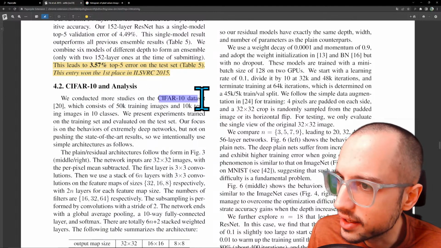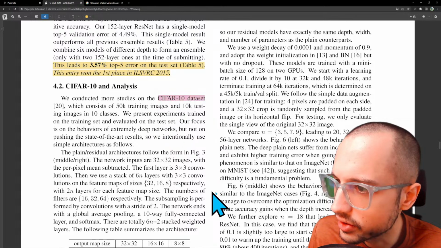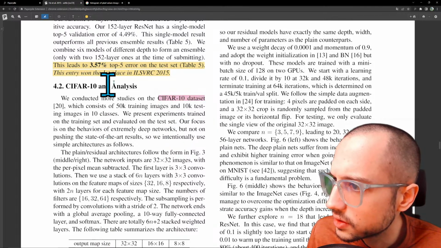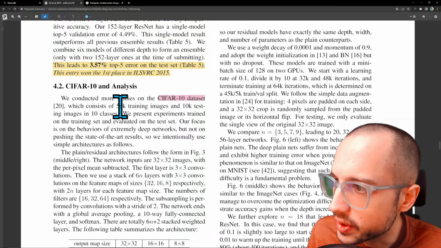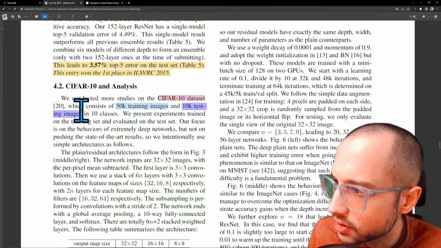CIFAR-10 dataset. This is a crowd favorite. I think red. Yeah, red is our dataset color, and then blue is our numbers. So 50K training images, 10K testing images, and 10 classes.